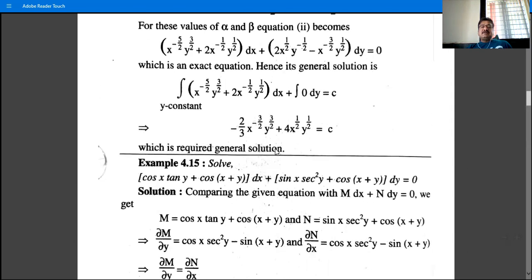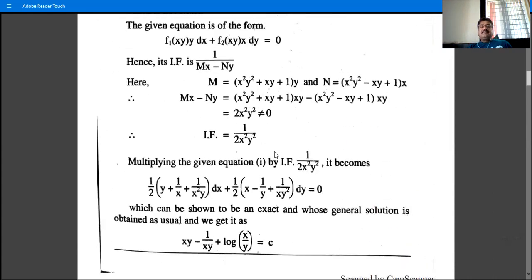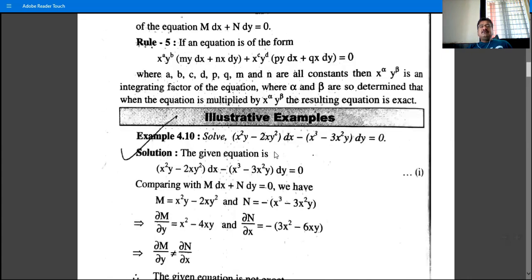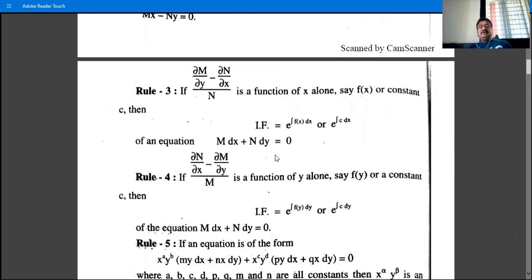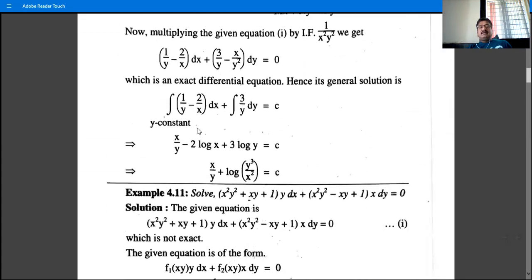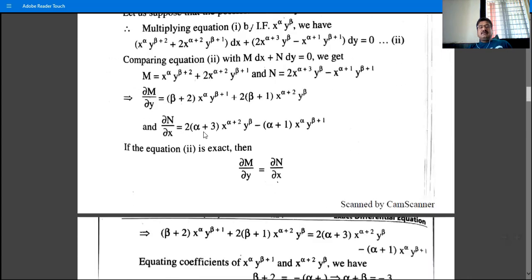So this is the example depending on the 5 rules. So after this, what we have, these are the 5 rules, and below are this 10, then 11, 12, 13 and 14.